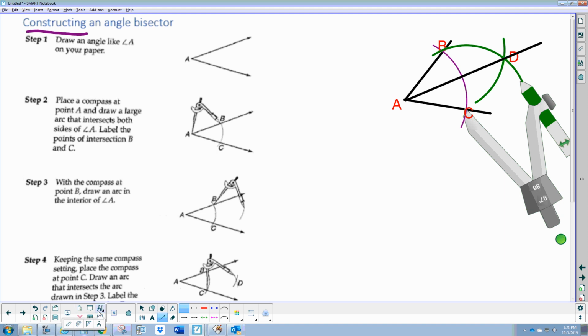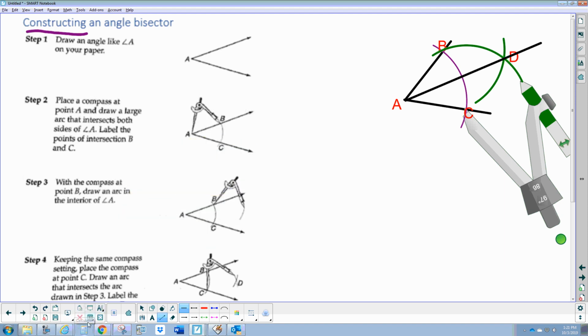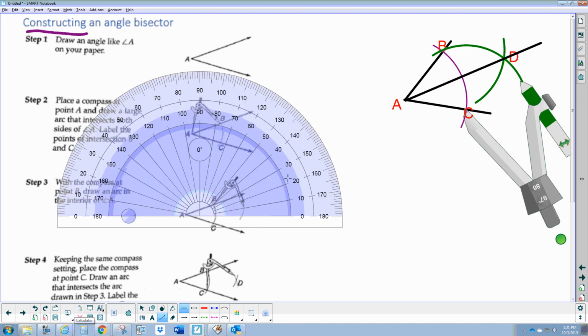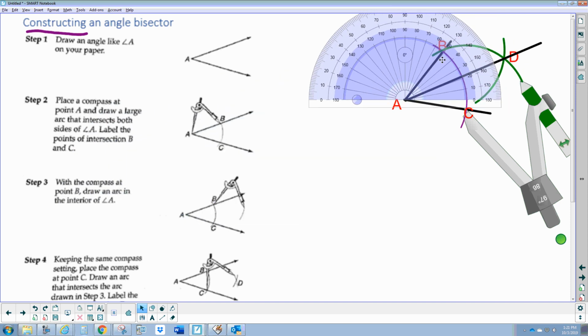And if I double check with my protractor to make sure that this is the angle bisector, I can measure those two angles. So here's my protractor. Okay, my angle is about 60 degrees. That's my larger angle.